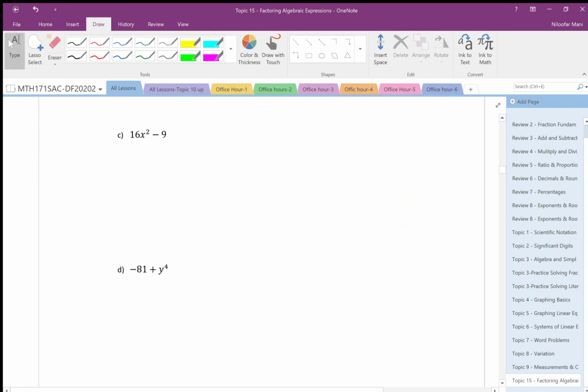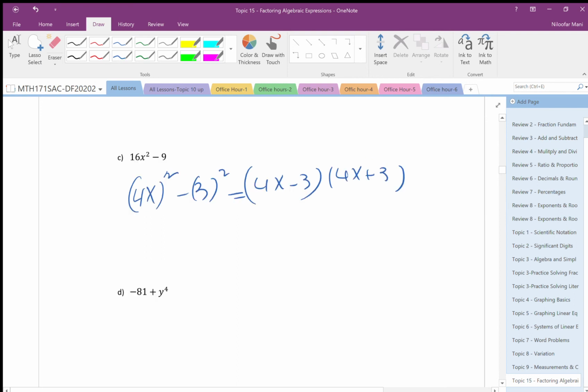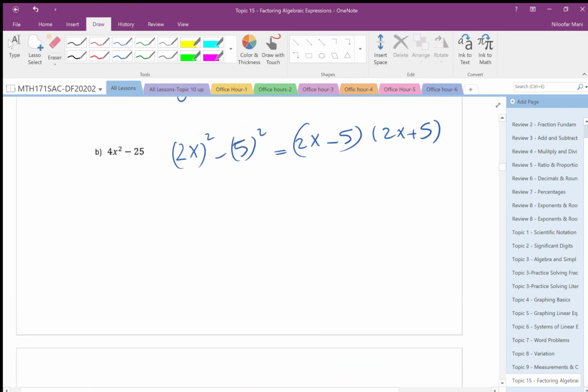How about this? 4x squared minus 3 squared, which is 4x minus 3 times 4x plus 3. Am I right there? So yeah, plus and minus, yeah.